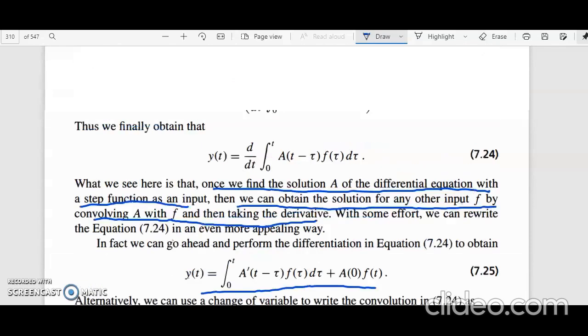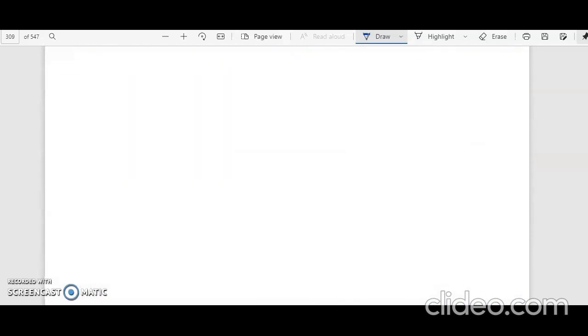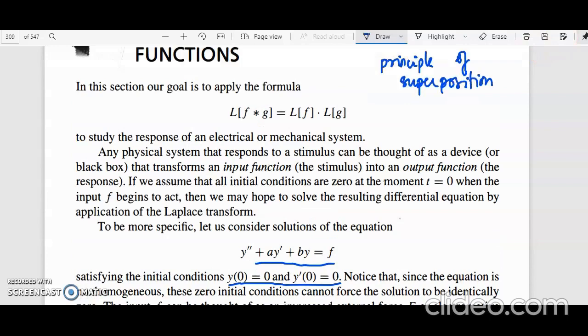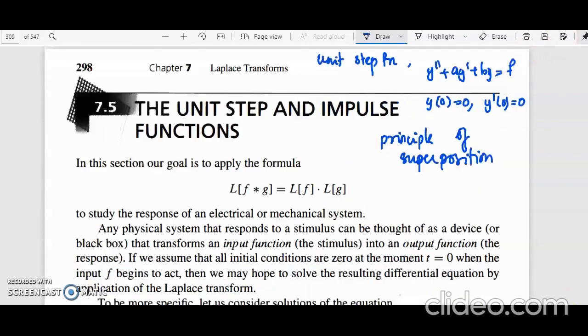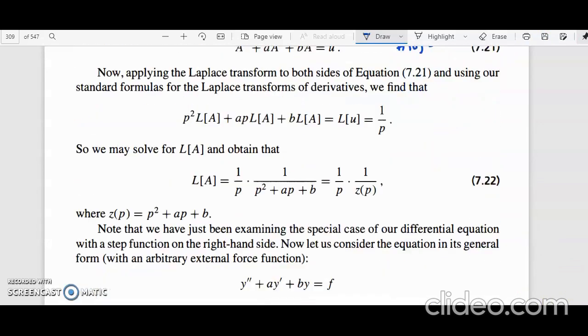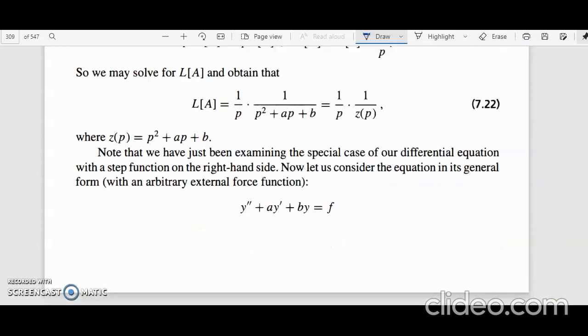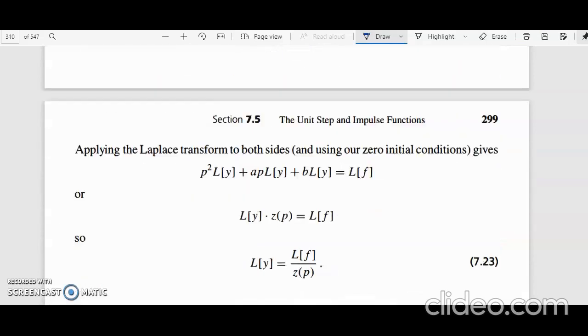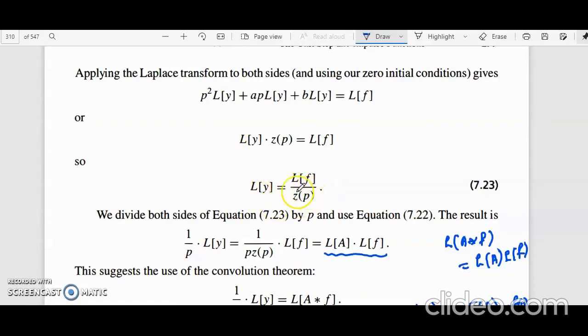So let us look into the steps once again. We started with this equation in terms of a. On the right side, L of a is 1 by p into z of p, and then you write the second equation: L of y will be L of f into z of p.